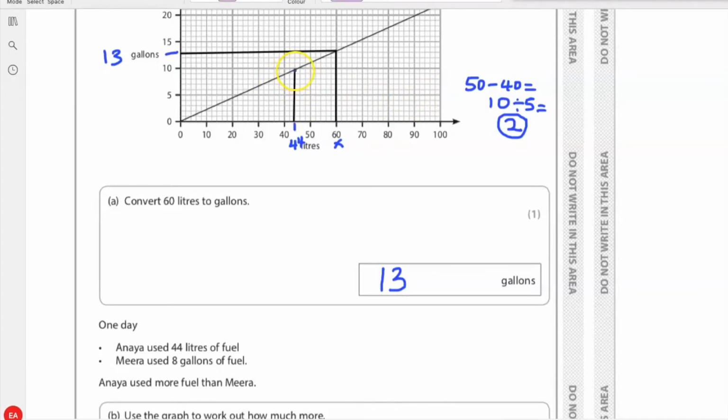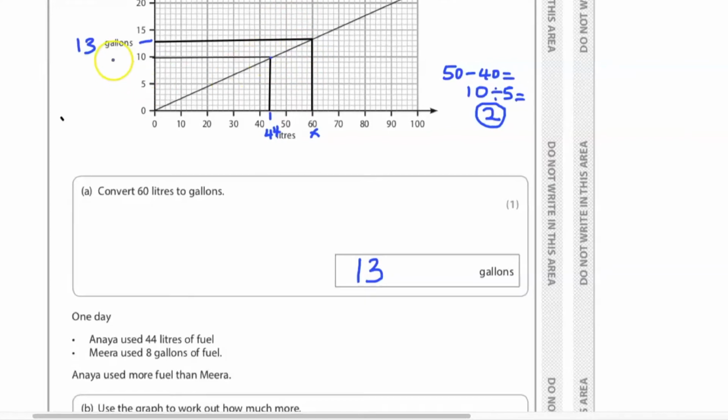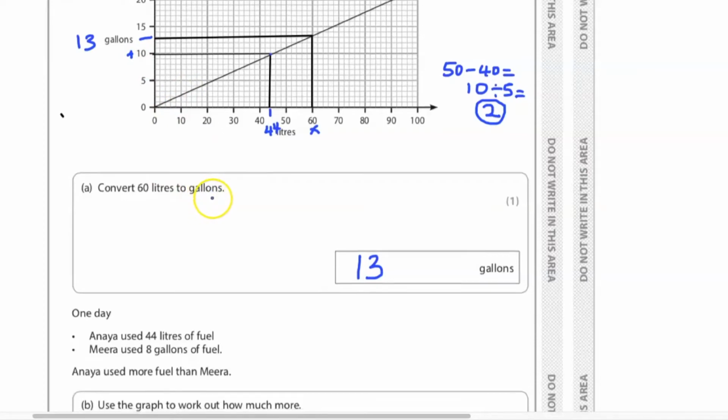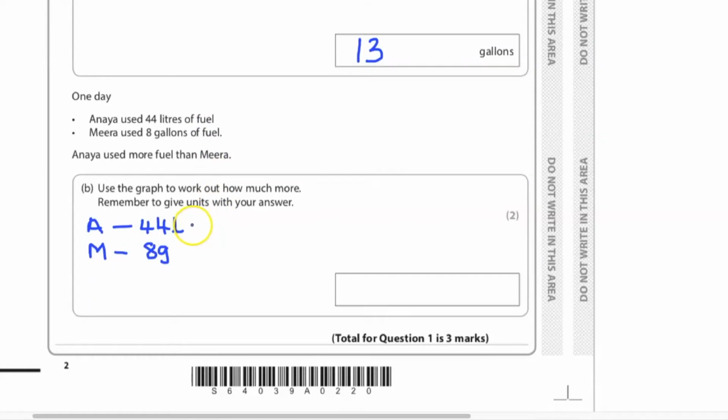And trace it to gallons. So this is 10 gallons. Now 44 liters is the same thing as 10 gallons.